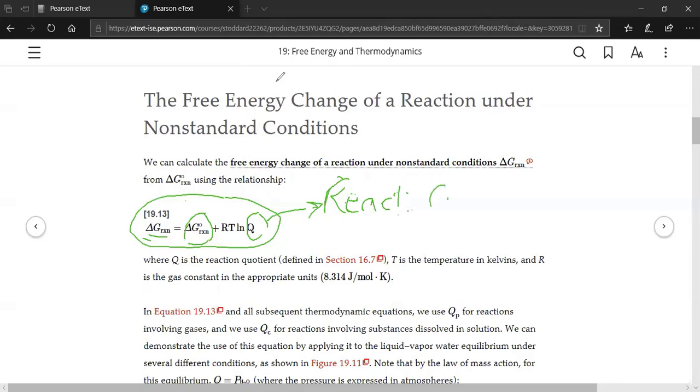That's what the letter Q stands for, quotient. This Q, though, is a little different in general from the reaction quotients we've already talked about.